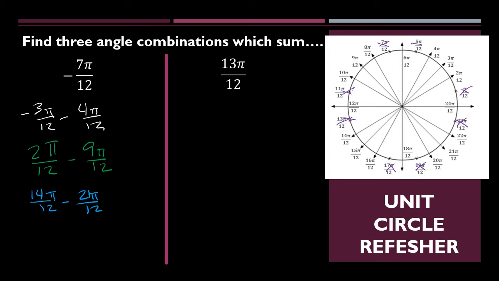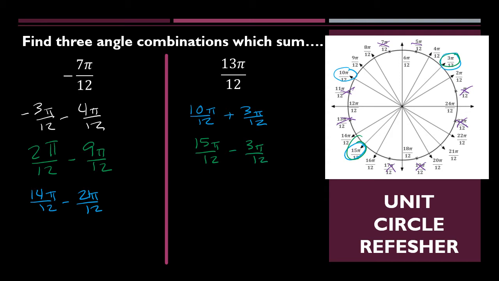All right, let's see what we came up with. 13 pi over 12. Here I have a 3 and a 10, so that's 13. I could do 10 pi over 12 and 3 pi over 12, and that's a combination. I could also subtract. I could use 15 and 3 and subtract, so 15 pi over 12 minus 3 pi over 12.